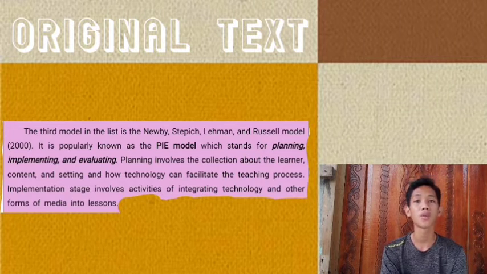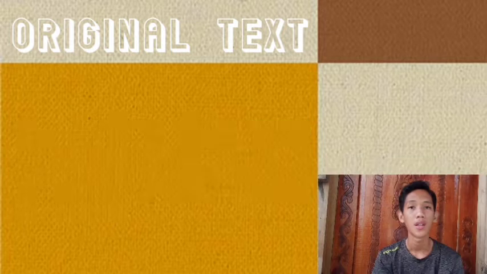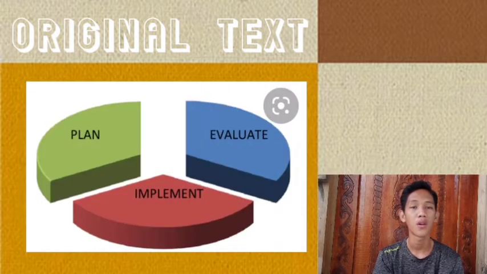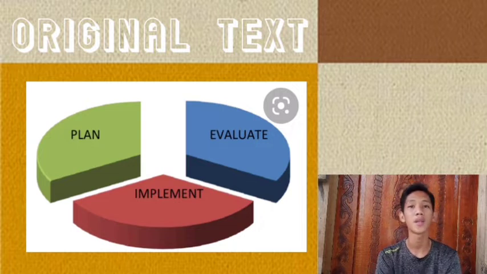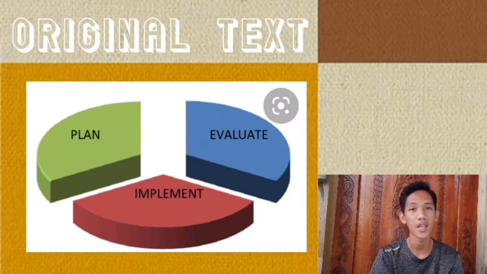The implementation stage involves activities of integrating technology and other forms of media into lessons. The Plan, Implement, Evaluate, or PIE model from Newby, Stepich, Lehman, and Russell encourages an emphasis on considering how technology assists with instructional design, focusing on what, when, why, and how.